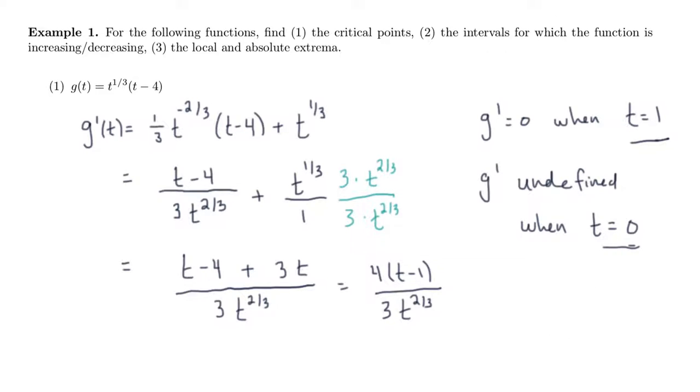So I have two critical points: t equals 0 and t equals 1.